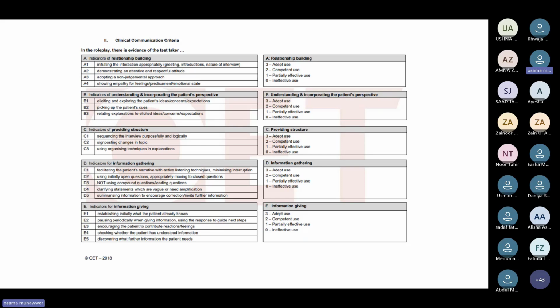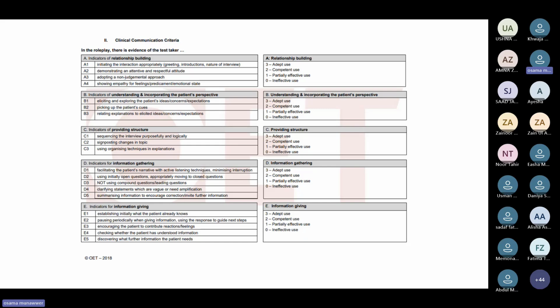You initially ask, what brings you here or what's been troubling you, and then they'll tell you, I've been having some stomach ache. So yeah, after that you move on to close-ended questions, meaning you move on to the specific questions. Could you tell me about the nature of your pain? Then, more specific, how long has it been going for? Is it constant or is it intermittent? Questions of this kind.